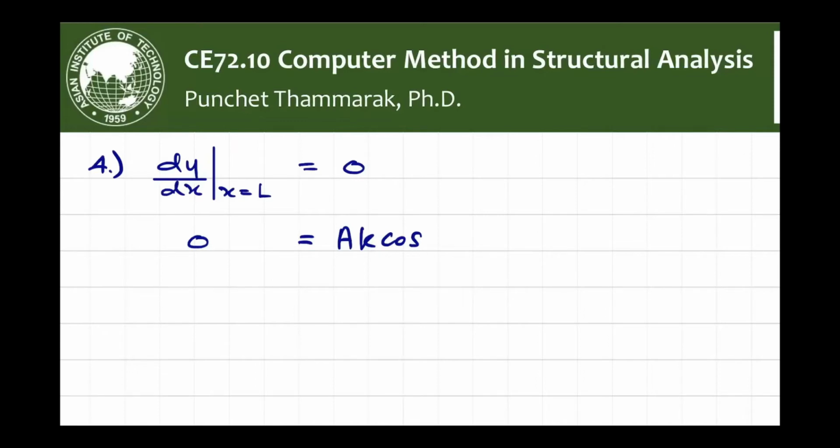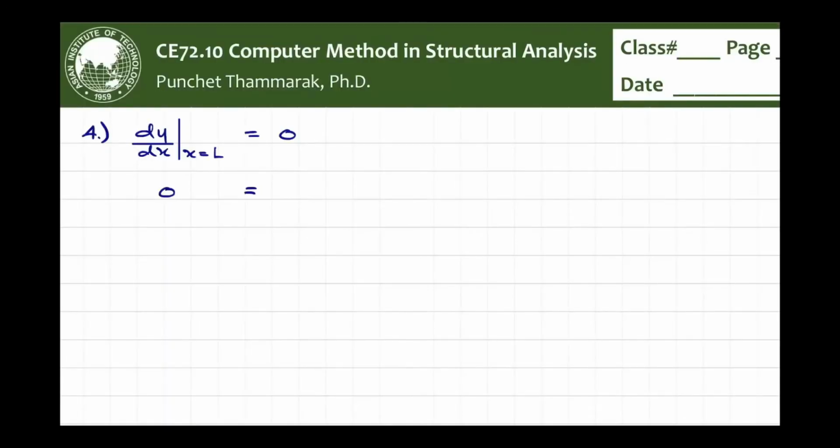Oh, sorry, we were not supposed to leave the A. What is the A? Minus RA over PK. A over PK, but the derivative of sine, you get K cosine. K cancels out. You have cosine KL.